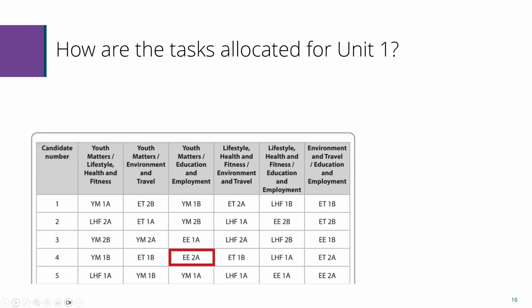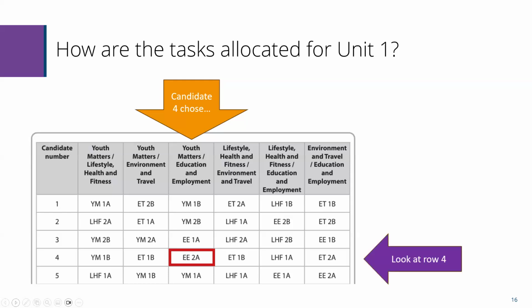Now, in terms of the allocation of the tasks, how are the tasks allocated for Unit 1? So if the candidate 4 chose youth matters, education and employment, then they're going to have that card, which is EE2A. They're going to have card 2A from that topic area.